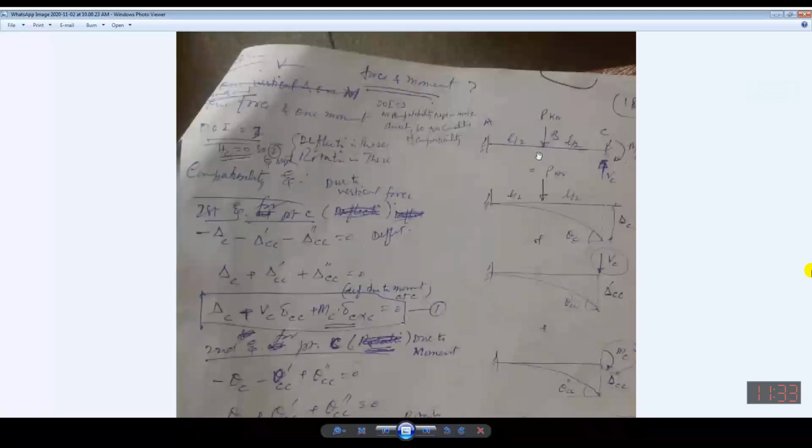So I consider HC equal to 0, displacement is 0, so I will not be considering it.